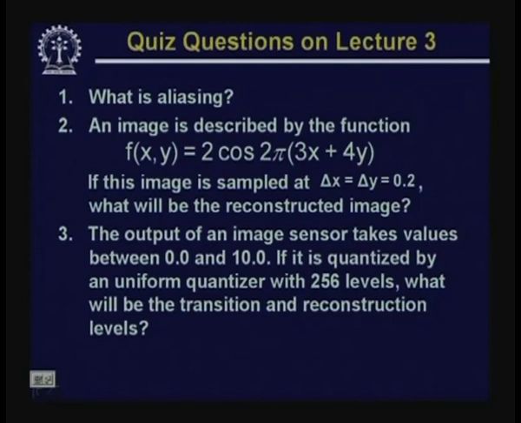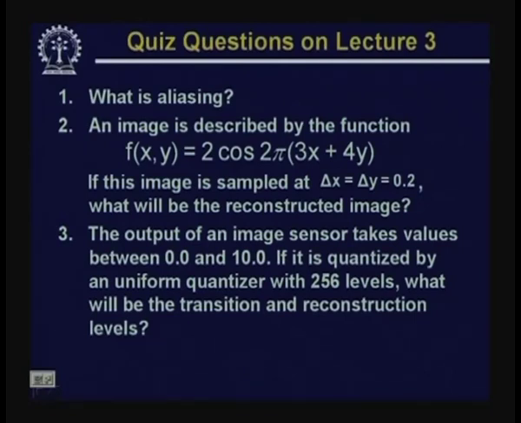And the third problem, the output of an image sensor takes values between 0.0 and 10.0. If it is quantized by a uniform quantizer with 256 levels, what will be the transition and reconstruction levels? So, you have an image sensor.